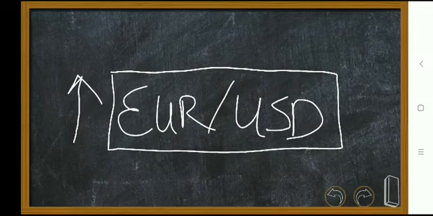Yes, we might have an influence from the code, but the direction of the base is the direction of the entire currency pair. So in this case, euro was the base, and if it's weak, we sell the entire currency pair. If it's strong, we buy the entire currency pair.